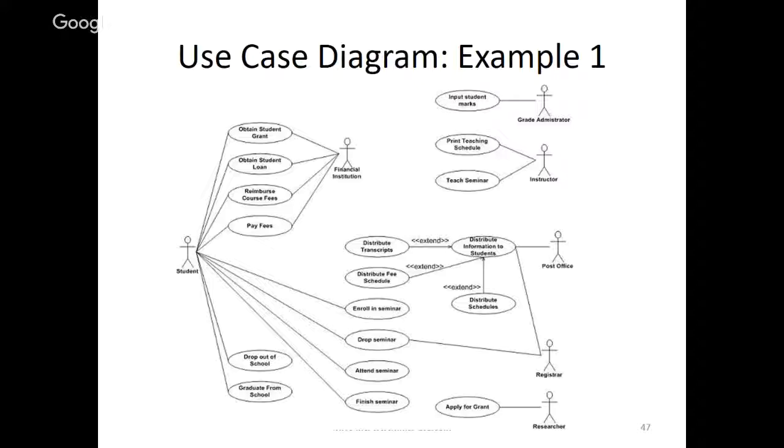Okay. So if you extend that, well, distribute what kind of information? You've got transcripts up here, you've got a fee schedule, and when are your course fees going to be paid, and when are they expecting it to be paid? And then there's distributing the class schedules.